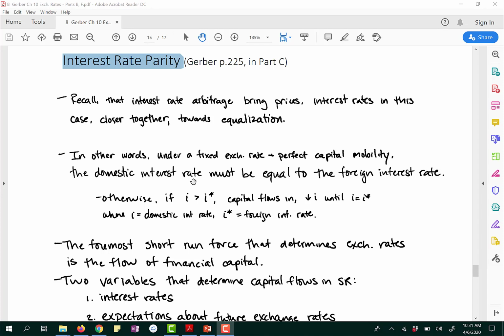Because if it is not, as shown in my little notation here, which follows the Gerber chapter, say the domestic interest rate is higher than the foreign interest rate, that will induce capital to flow in, and the increase in credit will put downward pressure on interest rates until the domestic interest rate falls to be equal to the foreign interest rate.